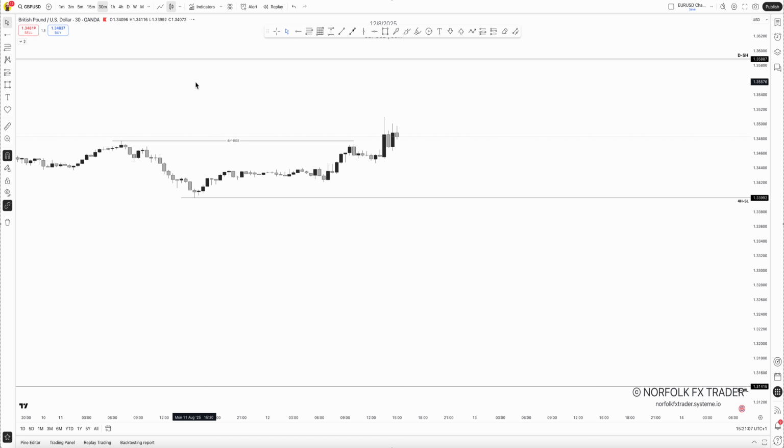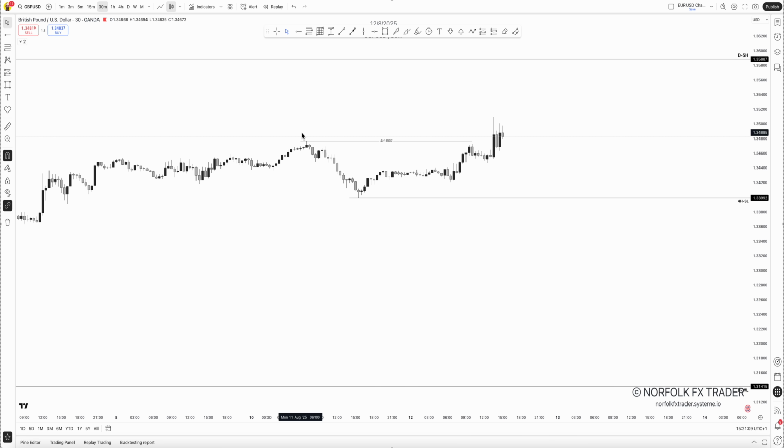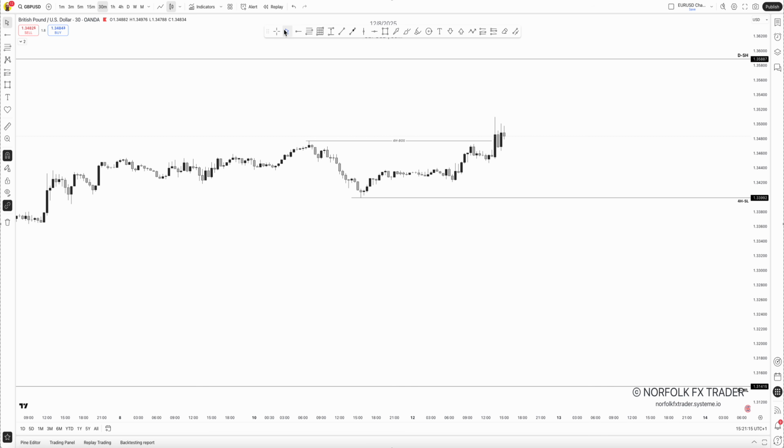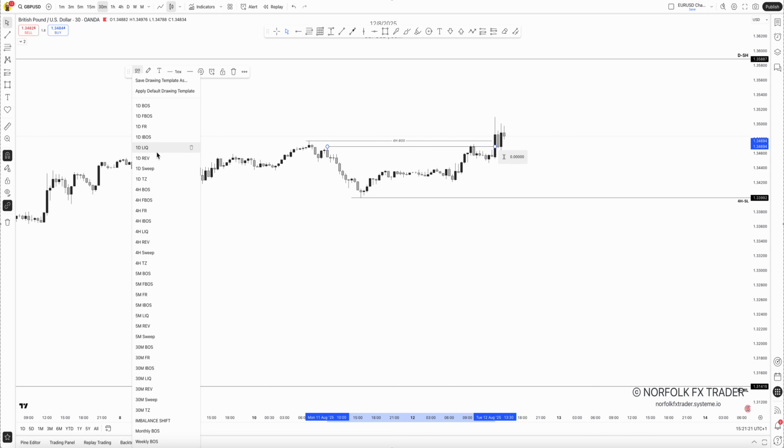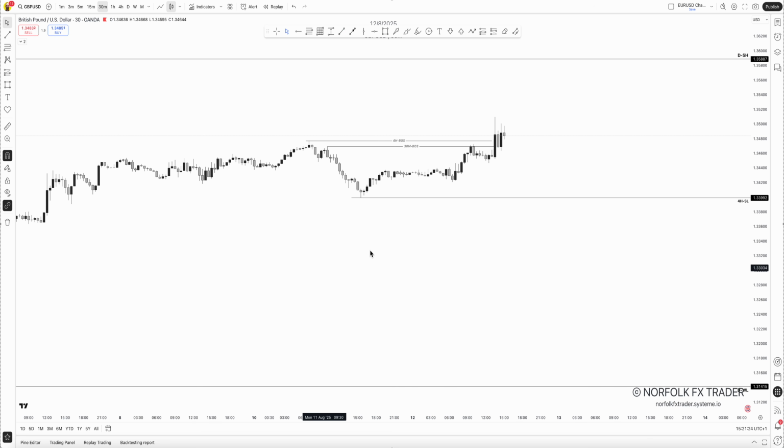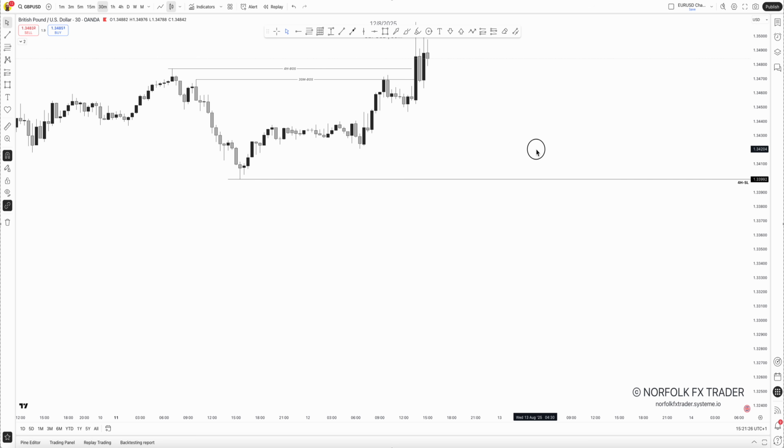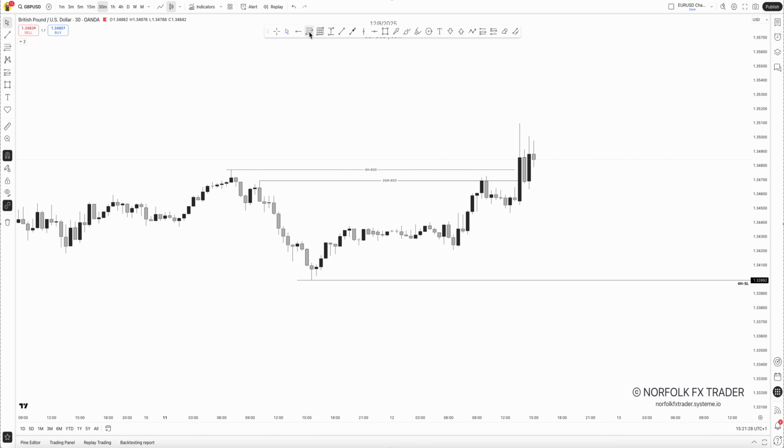If we now go down to the next time frame, which is that 30-minute, now we can start to see what's happening. Let's mark this across a 4 hour break. Now our 30-minute break to the upside was in fact here as well. Same area, very close to the 4 hour break. When we get this, let me zoom in, we get a valid low straight away here in the market.